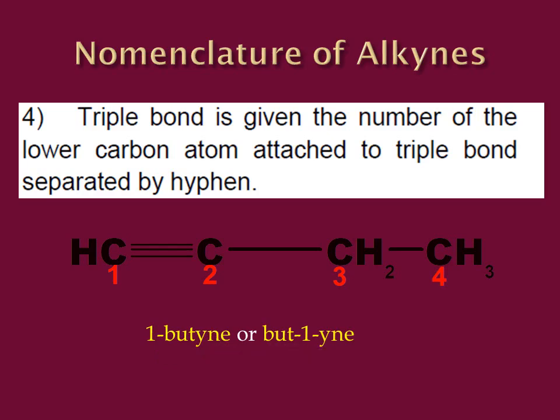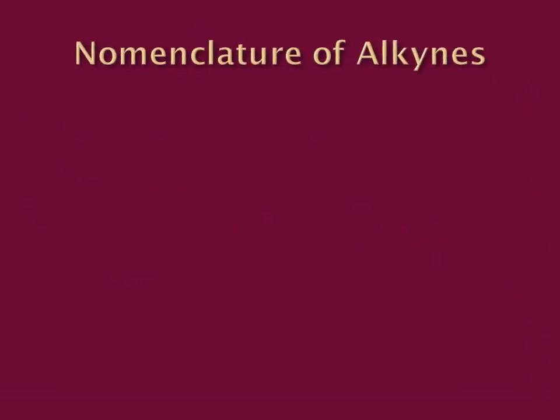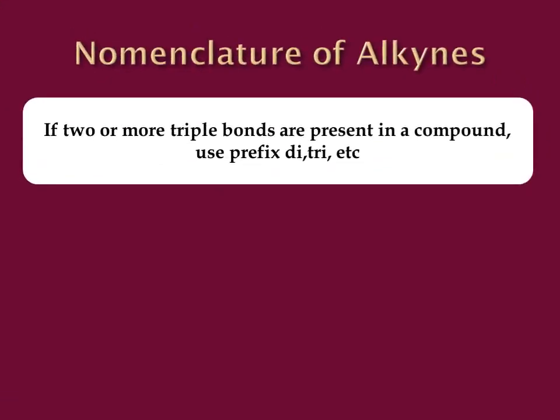Another rule says that if 2 or more triple bonds are present in the compound, we have to use prefixes like di for 2 triple bonds and tri for 3 triple bonds and so on. Look at this example which has 2 triple bonds. So the name is penta-1,3-diyne. Why penta?